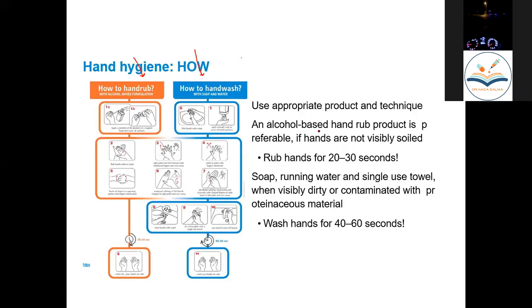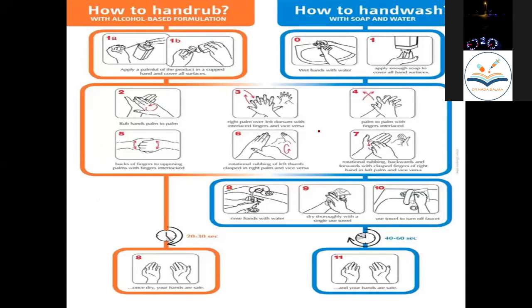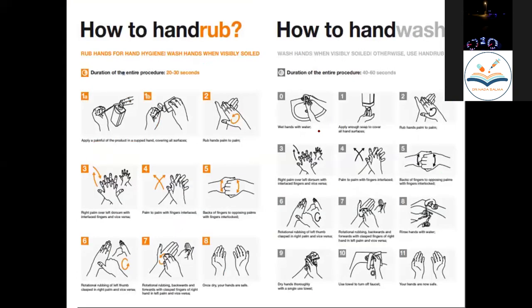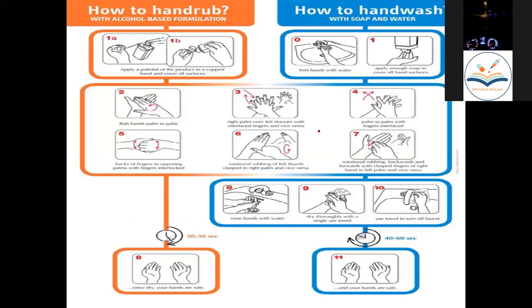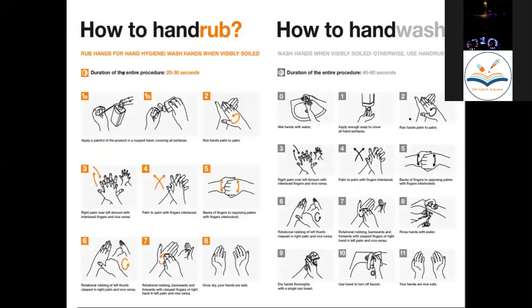Okay, we want to stop here a bit, because with hand washing and hand rubbing, some of even the medical staff, even physicians, are doing it in a wrong way. So this is very important to know. The two are almost the same, but because I use water in hand washing, it differs in the drying, so we will add drying steps.